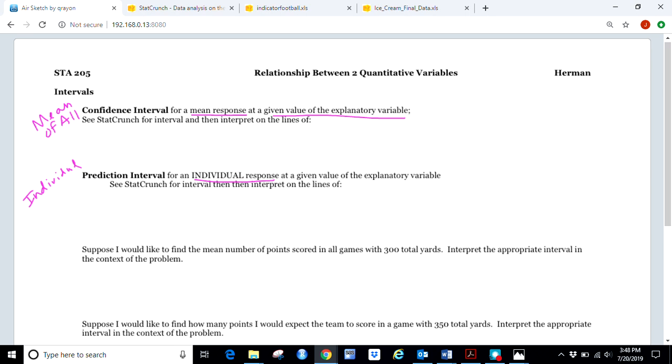So this one will look like I am blank % confident that the mean value of y, or the mean y, which we will put into context when we actually do a problem, will be between the two values that we have, but then taking into account when x equals blank.